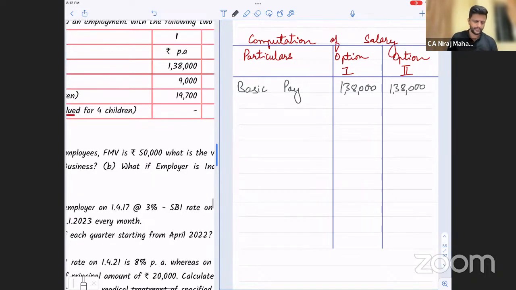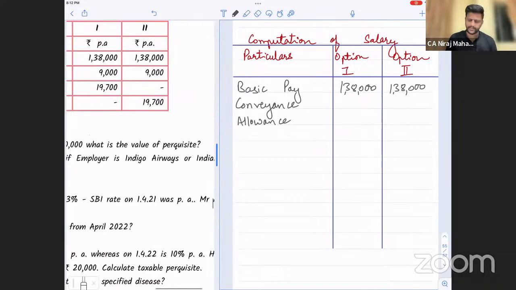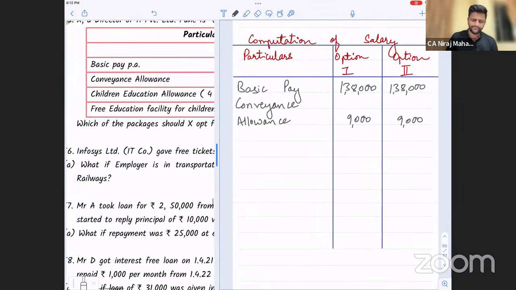Conveyance allowance is fully taxable, but that we have already covered. Now in the first case, he gets children education allowance.